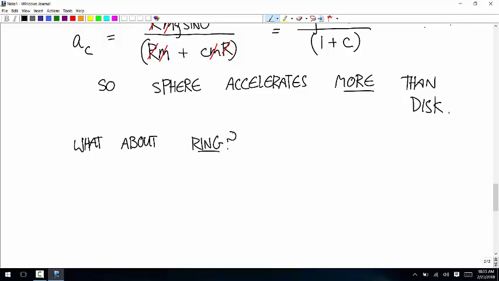Well, coming up with the formula for the mass moment of inertia for a ring is not horribly complicated. It's a little bit complicated. It takes half a page.